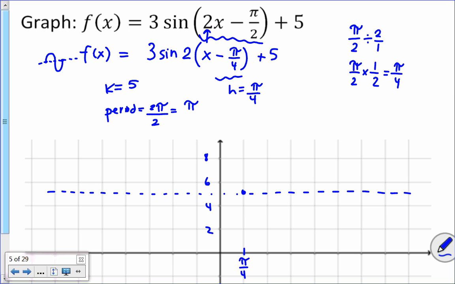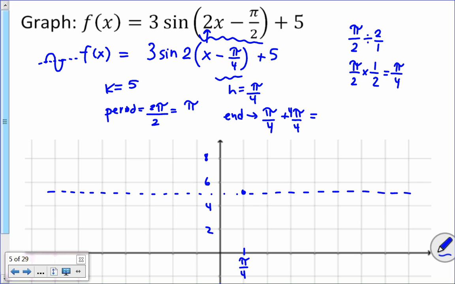If I start here, where am I going to end my first period? If I start at pi over 4 and my period is pi, where am I going to end? You can calculate that, right? Can you do pi over 4 plus pi? Can you add fractions? What do you have to do? Put it over 4. So times 4 times 4.